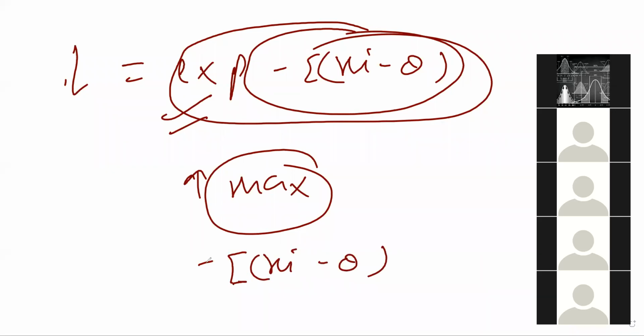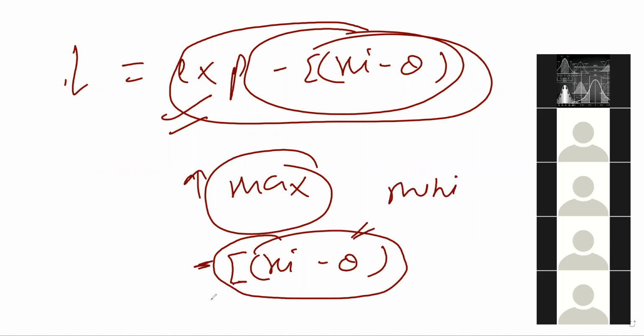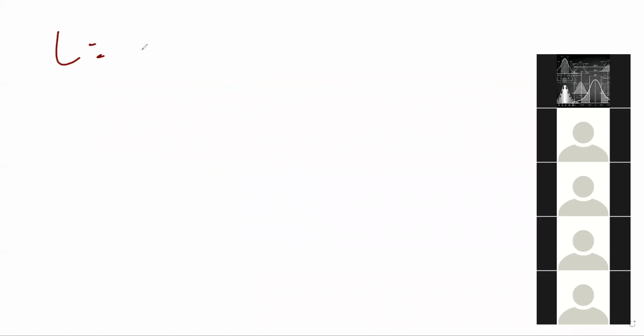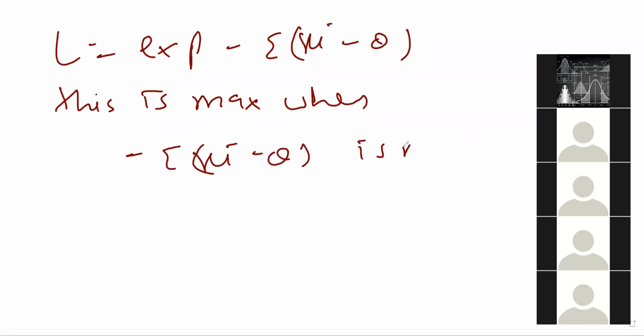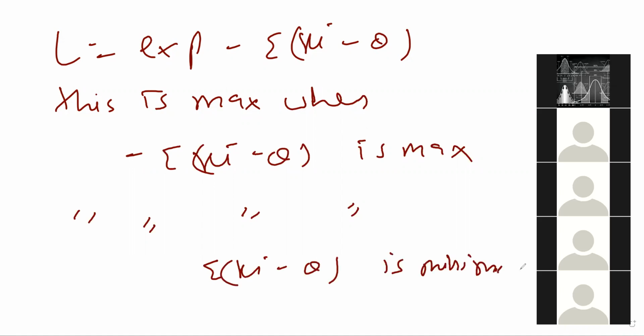As there is a minus here, this should be a minimum value. Let me explain it properly. L equals exponential of minus summation (xi minus theta). This is max when minus summation (xi minus theta) is max. Now the same thing, this is max when summation (xi minus theta) is minimum. Now we have to talk about theta.